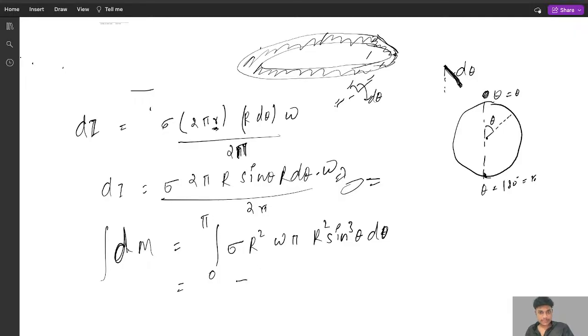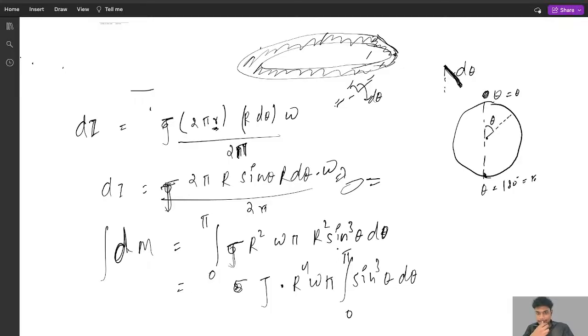This will give us rho, sorry, we write this as j, right? j into r raised to power 4 omega pi sine cube theta d theta, integration 0 to pi.